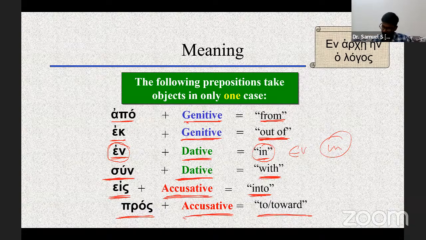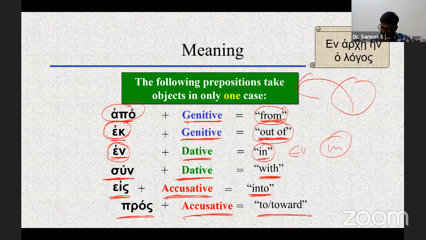And apo and ek have some level of semantic similarity because they both have that idea of sort of out of, from. There's something and it's coming out of that, right? Apo and ek. En and soon is only with the dative case, in or with, a little closer association.